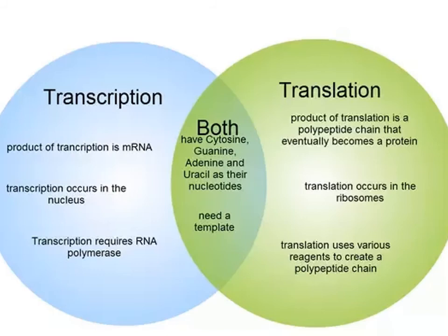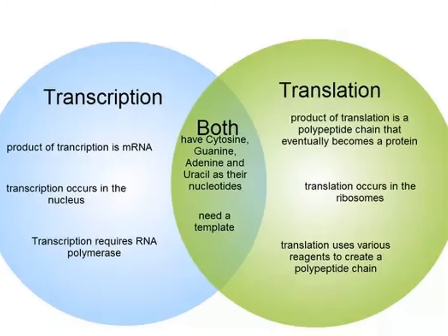Okay, let's go over to translation. The product of translation is a polypeptide, that's just a protein, that eventually becomes a protein. Okay? Translation occurs in the ribosomes. Well, translation occurs typically on the endoplasmic reticulum with the ribosomes attached to the mRNA. Okay, the bottom one.